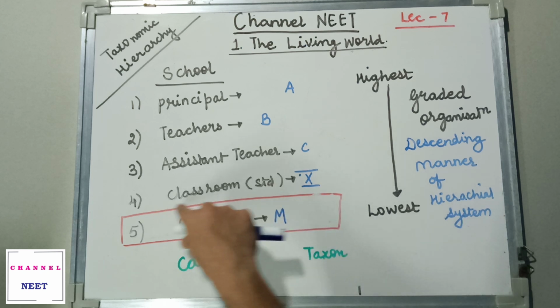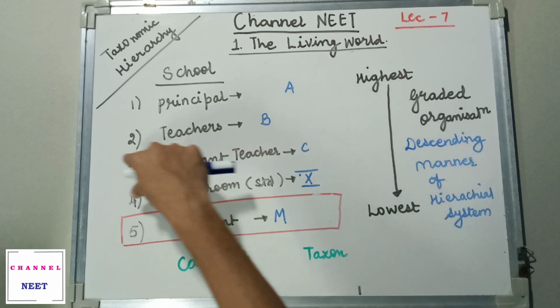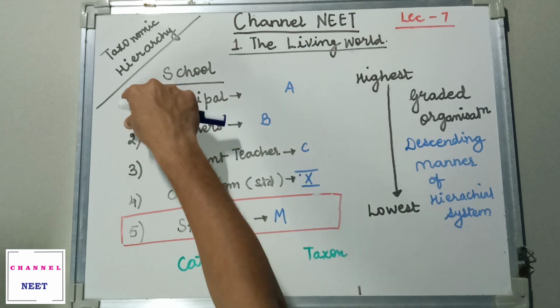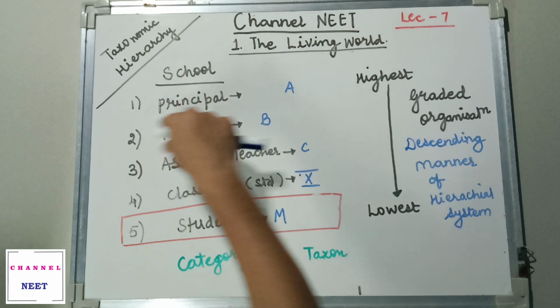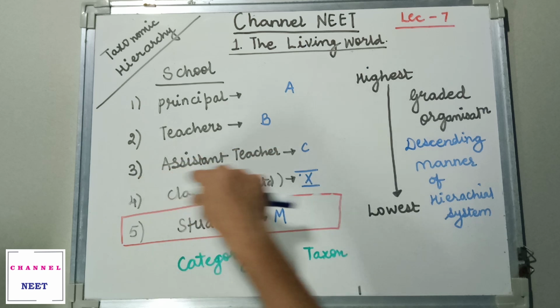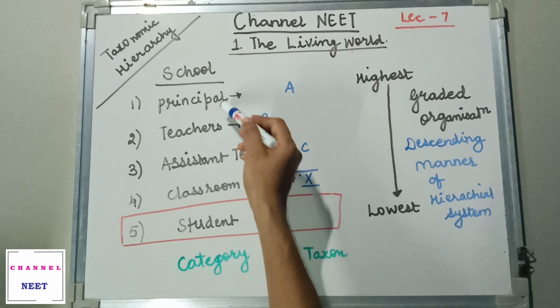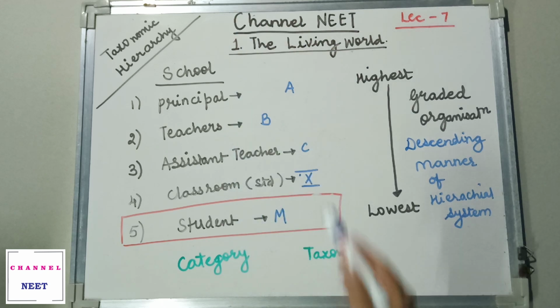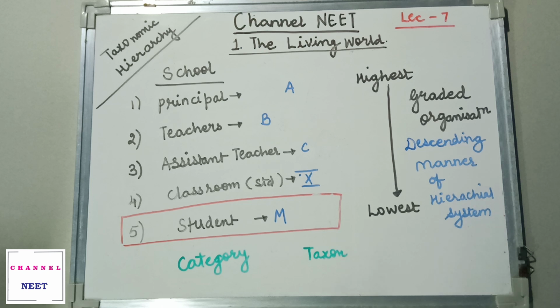So student here becomes a unit, classroom becomes a unit, assistant teachers becomes a unit, teachers becomes a unit, principal becomes a unit. So each level of category is made up of a unit, therefore it is rightly called the taxon. Category will be what a person is, which person is sitting where. So that becomes a particular symbolic representation for that person.